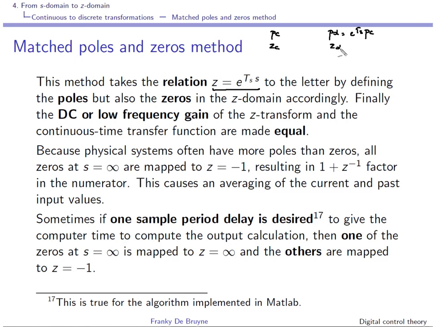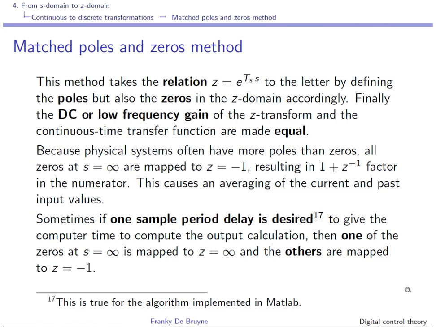So the discrete time zeros are obtained from the continuous time zeros by this relation. And then the DC gain, low frequency gain, or we call it also static gain, is adapted in such a way that the two transfer functions have the same static gain.